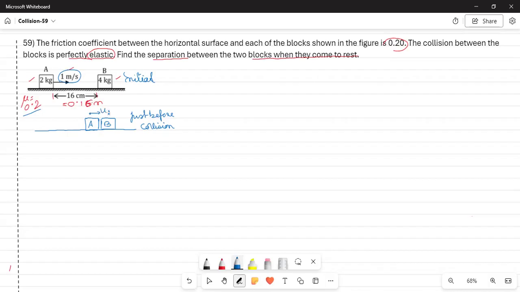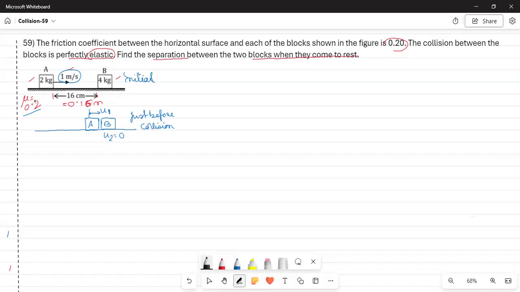Because in our textbook, we have always been using u1, u2, v1, v2, let's say its velocity is u1. B is, of course, at rest. So it is very clear we have to find the value of u1. How do we find the value of u1? That is also very clear.